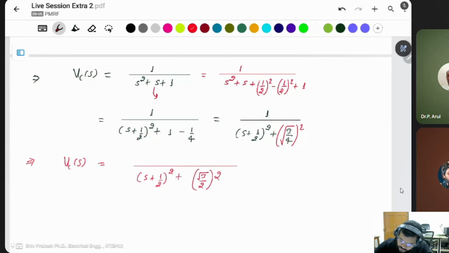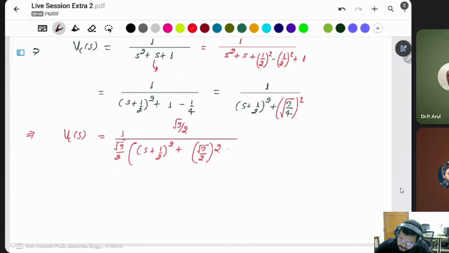So we have to multiply by root 3 by 2 and divide by root 3 by 2. Then this is sinusoidal.